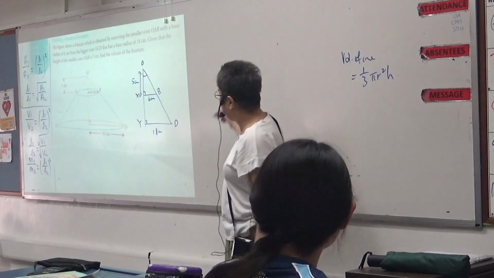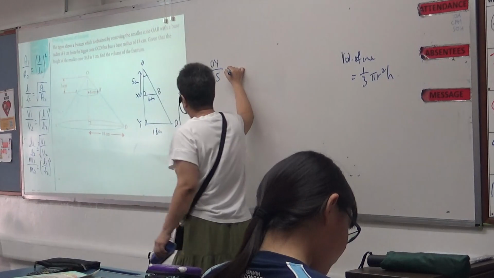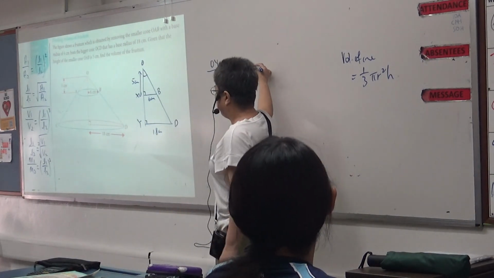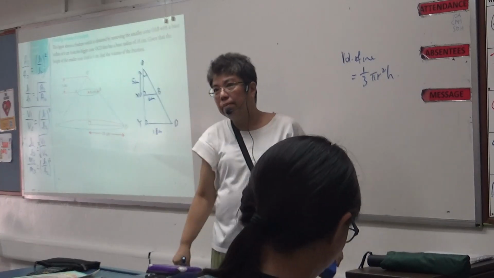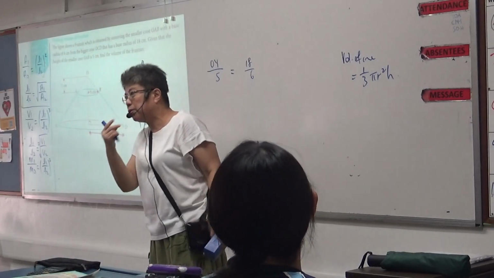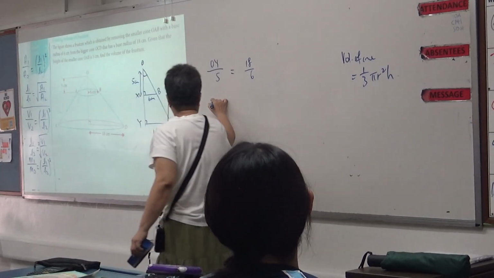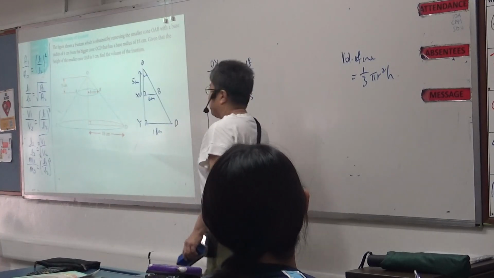OY over 5 must be what? 18 over 6, right? Yes, here. Because I'm taking corresponding lengths, there's no need to square or cube. So how do I get OY? 18 over 6 times 5, right?